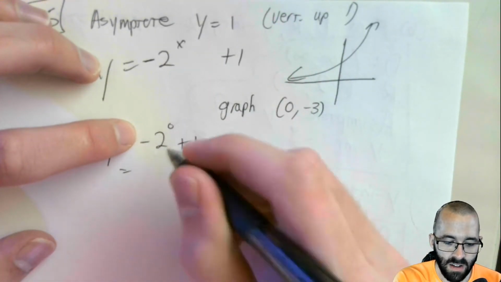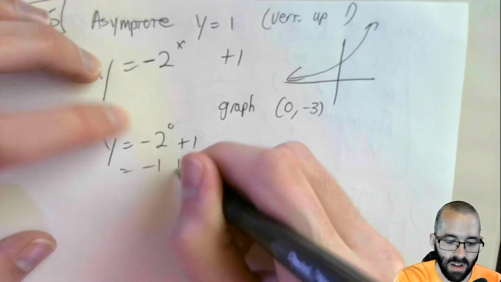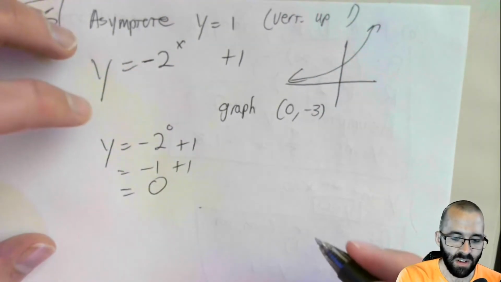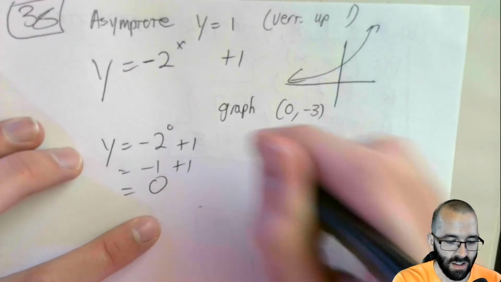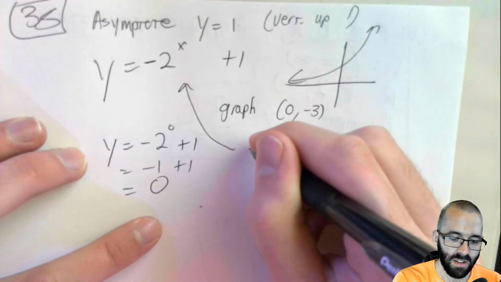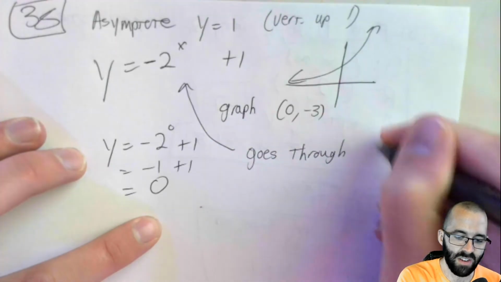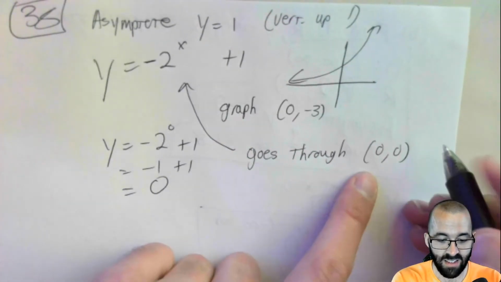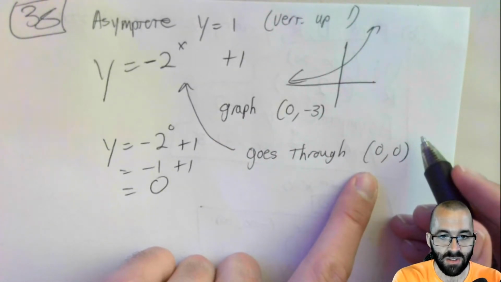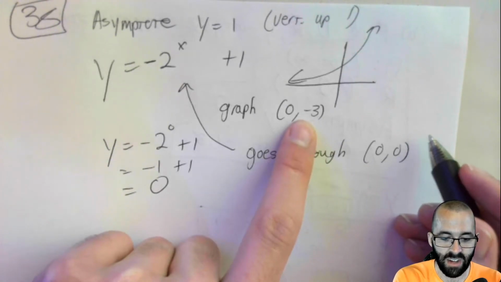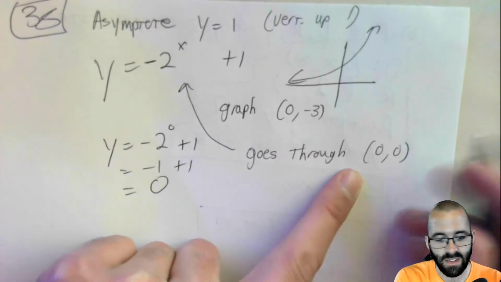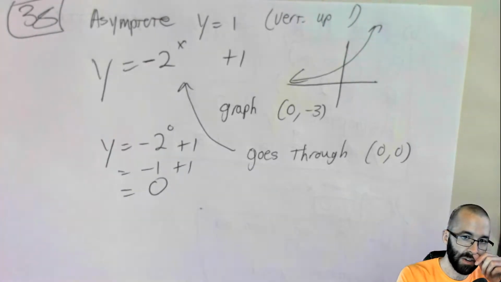That's going to be negative 1 plus 1, which is going to be 0. So ours goes through 0, 0. That's not good at all. Ours goes through 0, 0. Theirs goes through 0, negative 3. So we didn't do it.